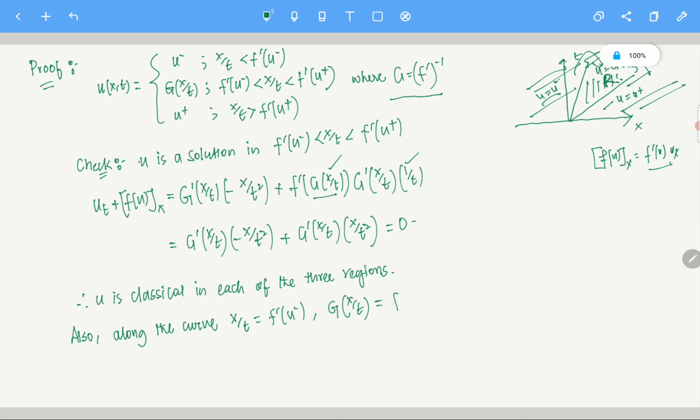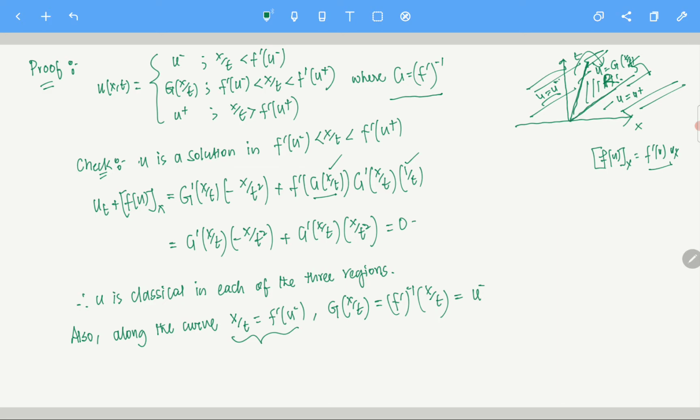This is f prime inverse of x by t, that is given by u minus, clear? See, x by t equals f prime of u minus, so f prime inverse of x by t is u minus on that curve, along this curve.